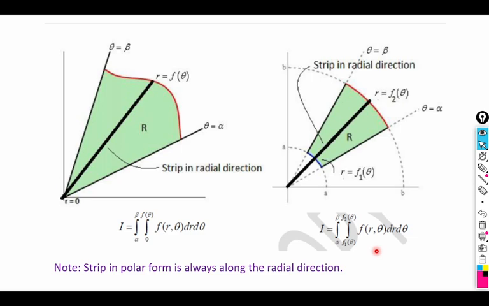Always correlate the strip to the hand of a clock and rotate it from 0 to 2 pi, and check where the region starts and where it ends. Wherever the region starts, start with that theta, and if the region is completed, stop there. Don't drag extra. It is not necessary to always drag it completely from 0 to 2 pi, as we already saw in the previous prerequisite curves.